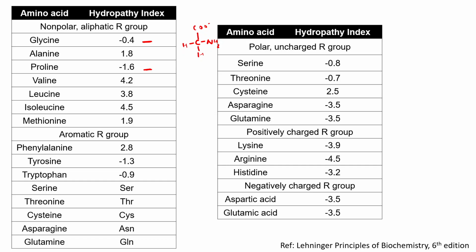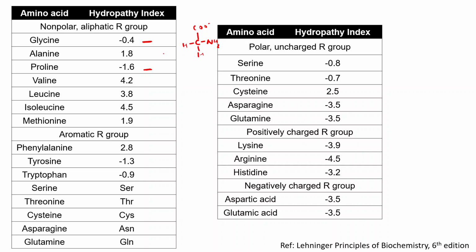If glycine is present in a peptide chain or in a protein, it does not really affect the hydropathy index of the whole peptide. So, the value is very close to 0 only, it is towards the positive scale, but still it is slightly negative.